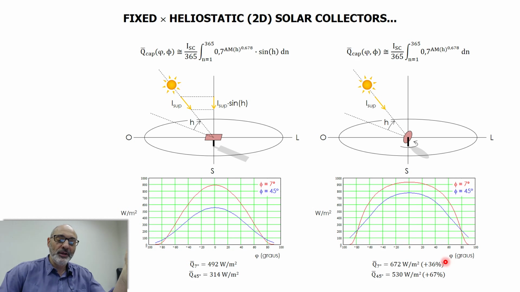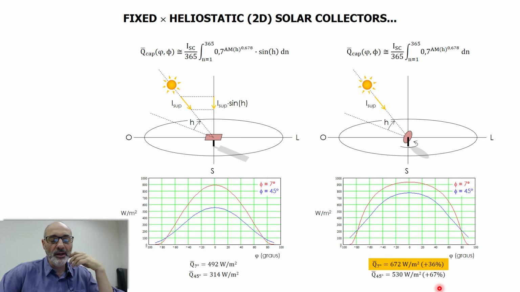So this is a significant increase, but in a higher latitude, you have an astonishing, a very significant increase. So if you were to build this power plant in high latitudes, I would say it's impossible not to choose this kind of mirror. Anyway, we're going to choose this one because it's going to become smaller.